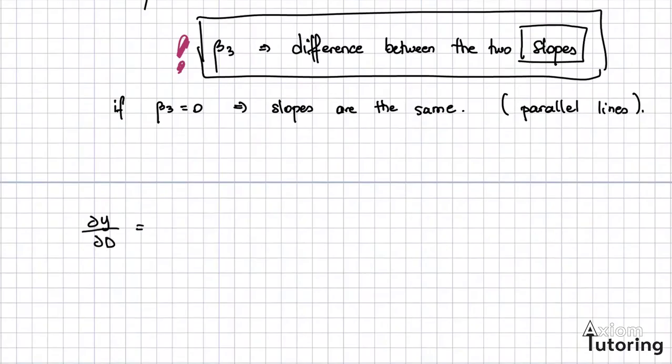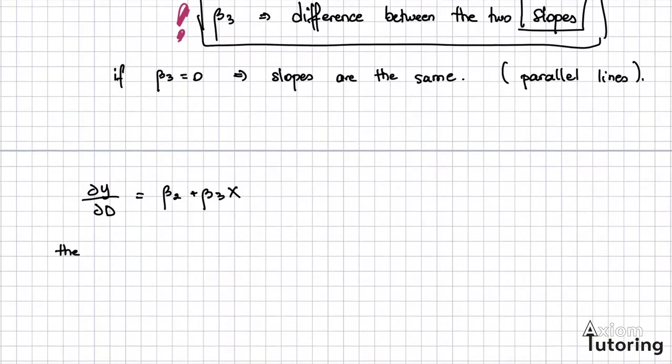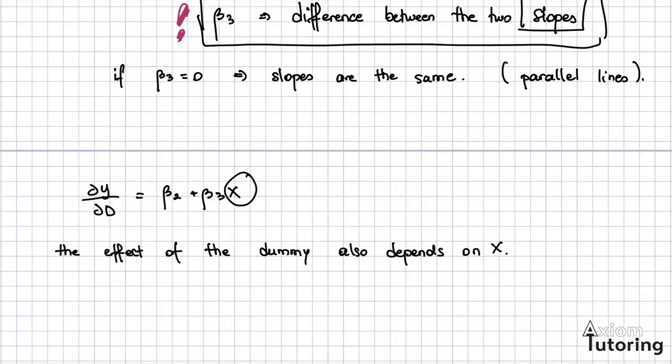In this case, the effect would simply be beta 2 plus beta 3 x. Now, the effect of the dummy also depends on x. Okay? And this is a very important insight that you might have missed, because the gap between groups is not fixed. It changes with the level of x.